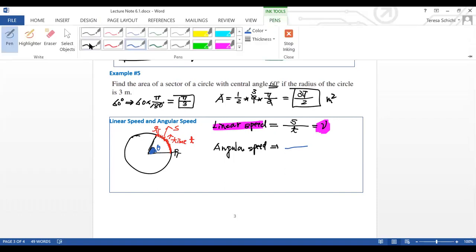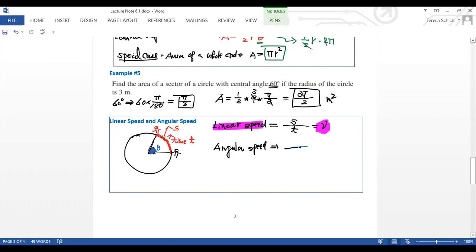So that's why I can say the angular speed is the angle you changed, the total angle you traveled, over time t, see here. This is what we call the angular speed. And the notation I'm using is W to represent the angular speed, right?